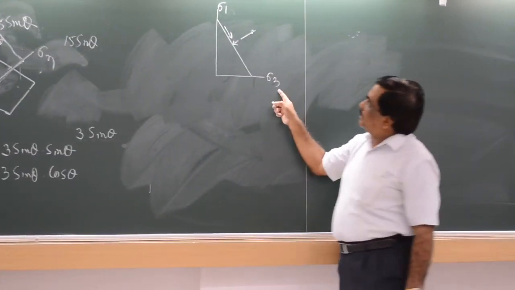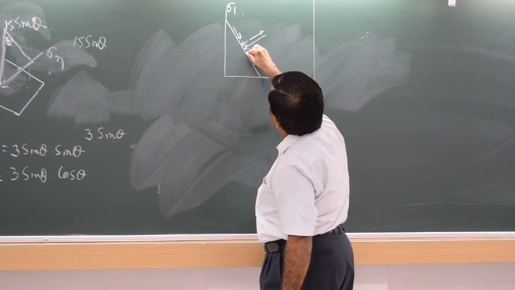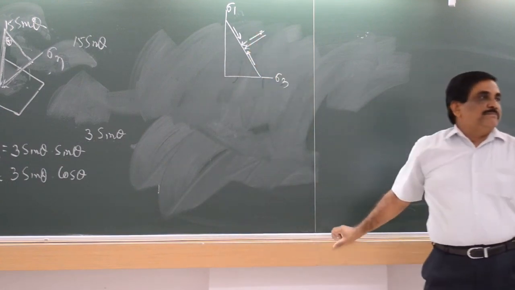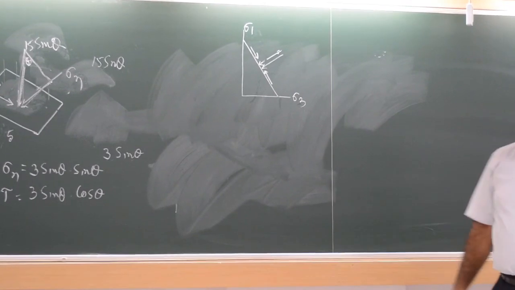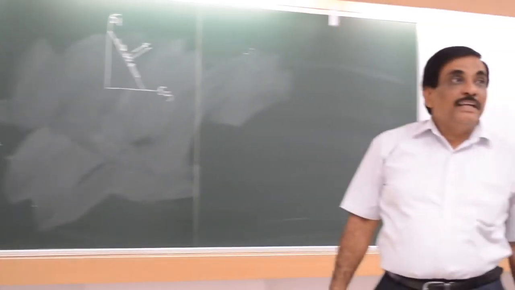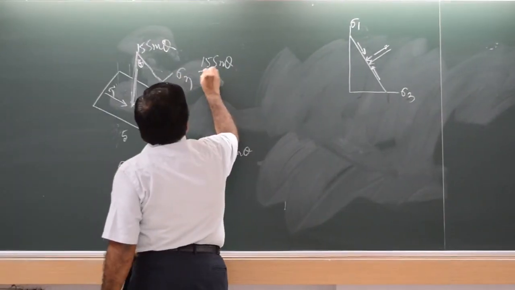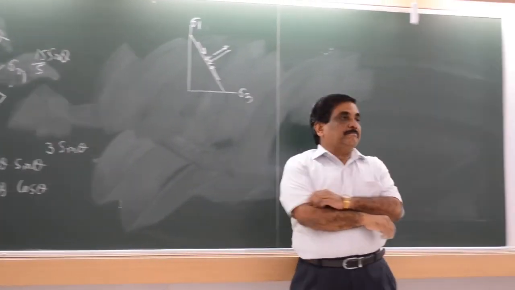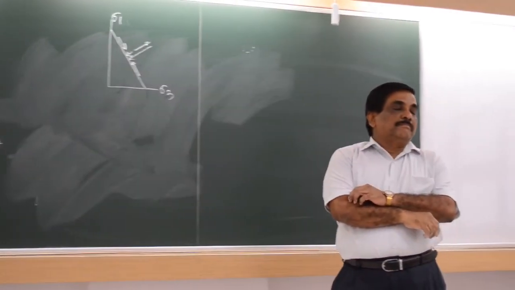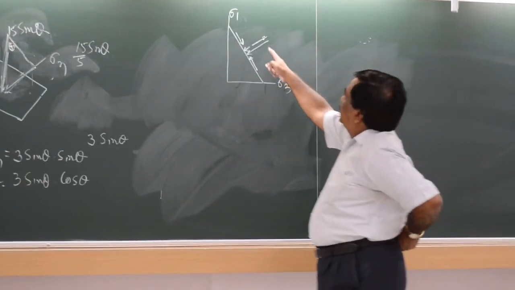And because of sigma 3, there will be another normal stress and there will be shear stress in the opposite direction. That will be 3 sin theta. हाँ 15 by 5 वही है ना? Okay, 15 by 5. ठीक है 3 sin theta. That is what I have written. अभी तक बिल्कुल करेक्ट है.